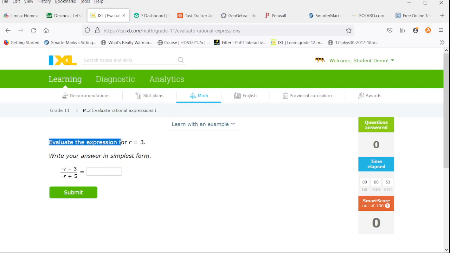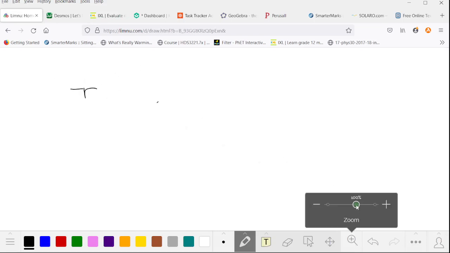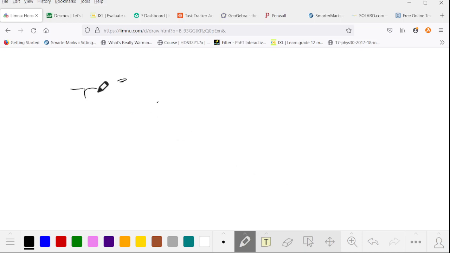So here we want to evaluate the expression for r equals 3 when you have a negative r minus 3 over a negative r plus 5. So that's a negative r minus 3 over a negative r plus 5.